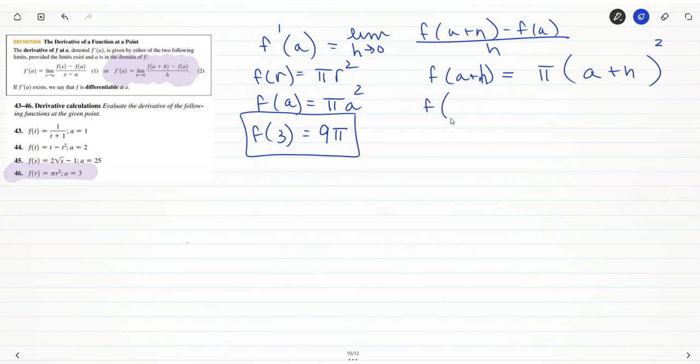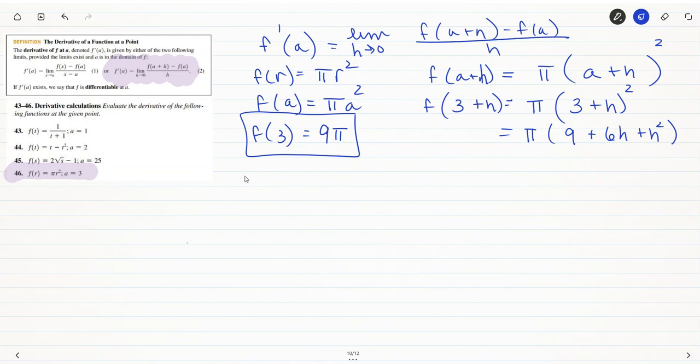If we're going to let a equal 3, it looks like we would get pi times 3 squared plus 2 times 3h plus h squared, all times the pi.